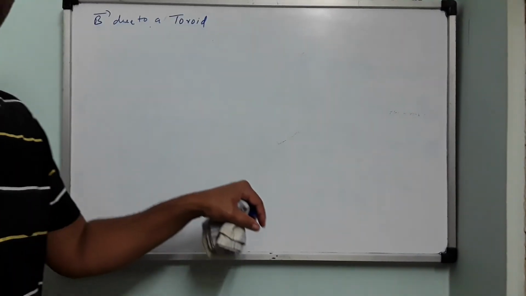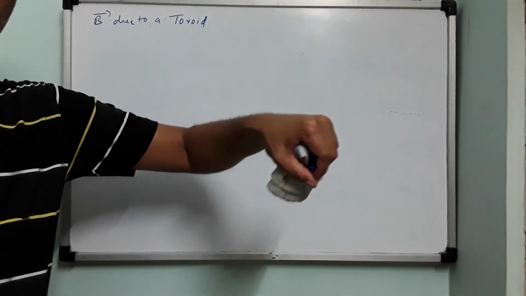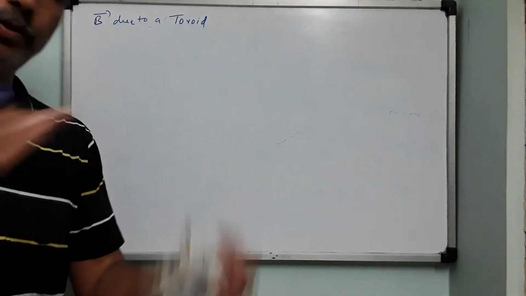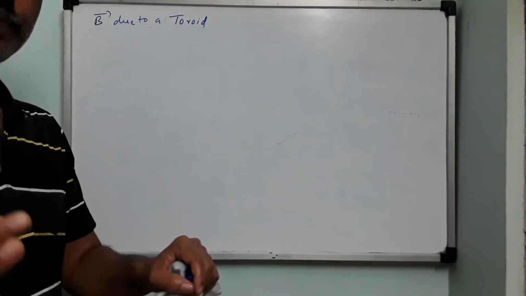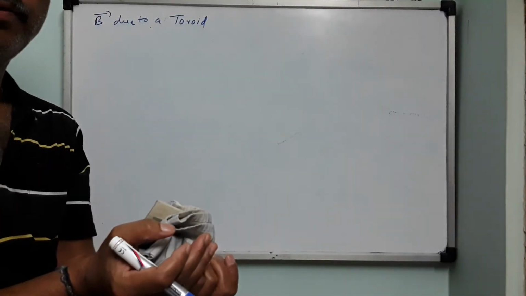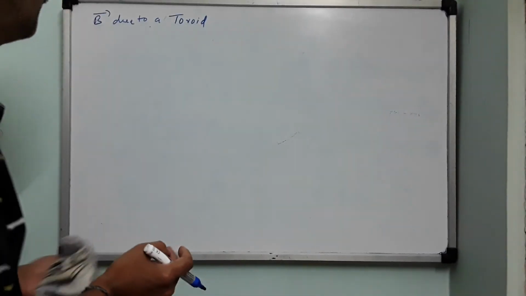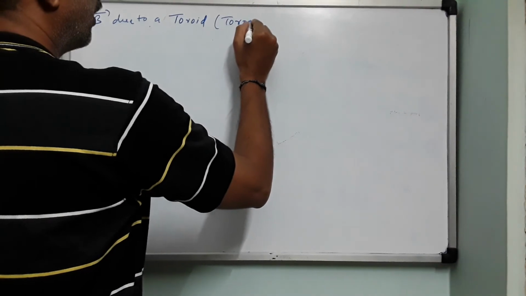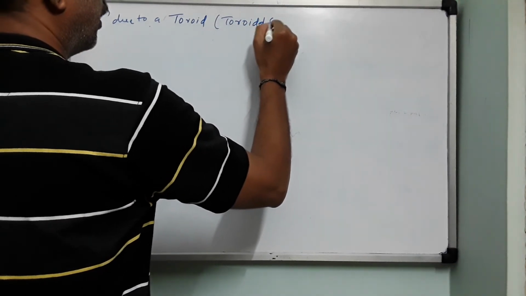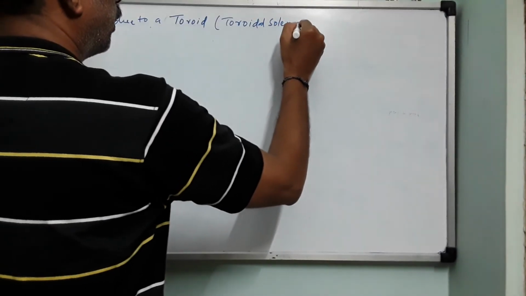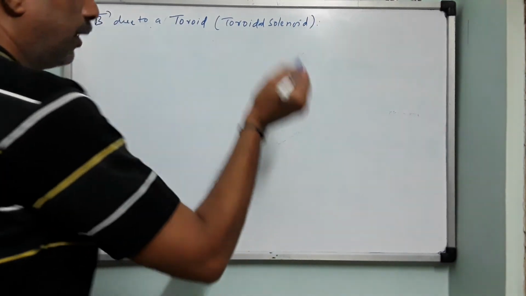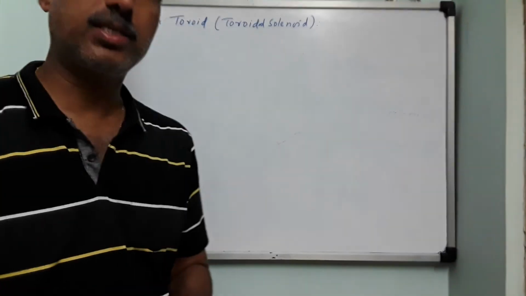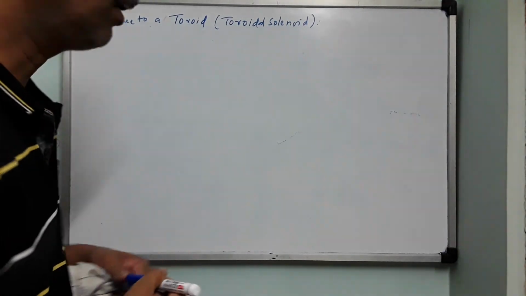You have a long solenoid, like a slinky, which you used to play with. If you bend it in the form of a circle, a solenoid bent in the form of a circle will become a toroid. The previous one which we discussed is a straight solenoid, and this is a toroidal solenoid.